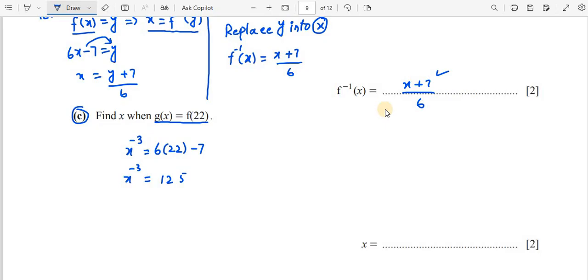To solve for x, if we take the inverse, it will be 1 over x raised to the power 3 is equal to 125.